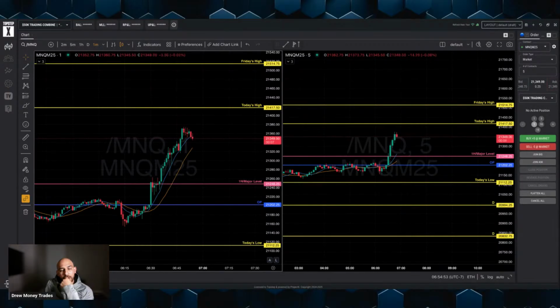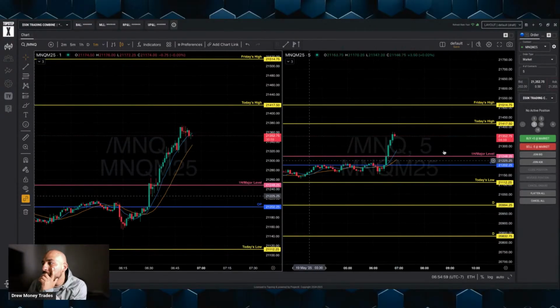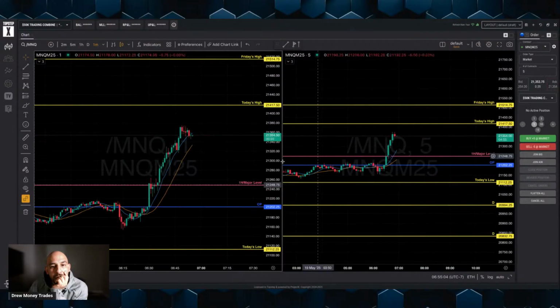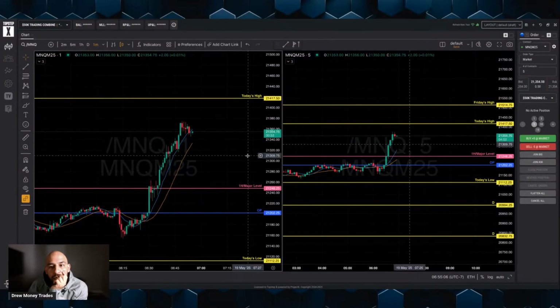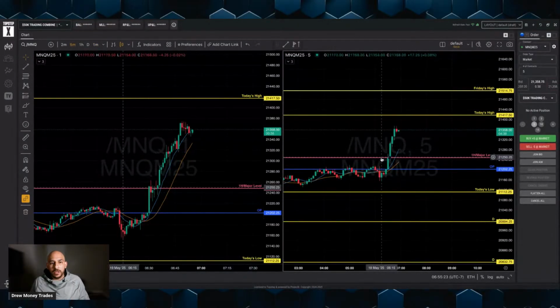This looks weak now. This definitely looks weak now. The 5-minute candle closed. We're gonna see what happens right now. It looks weak, but let me see what's going on over here.